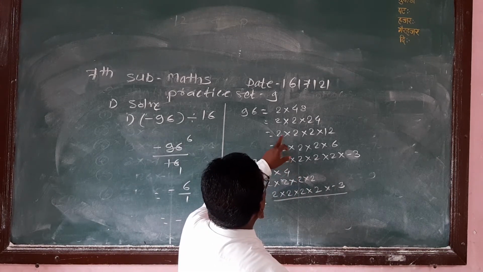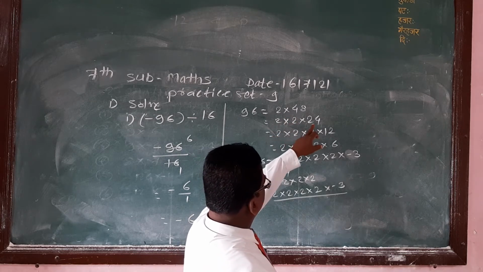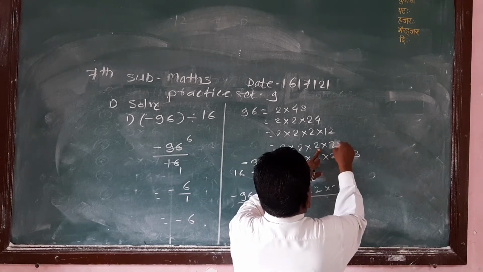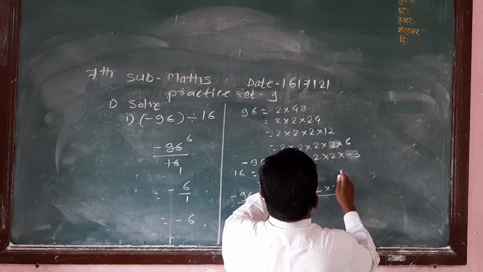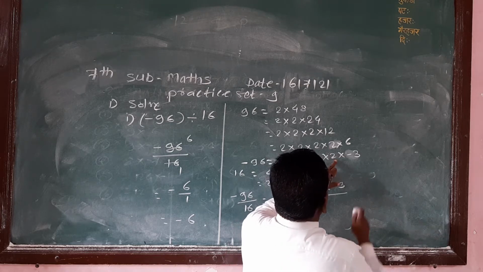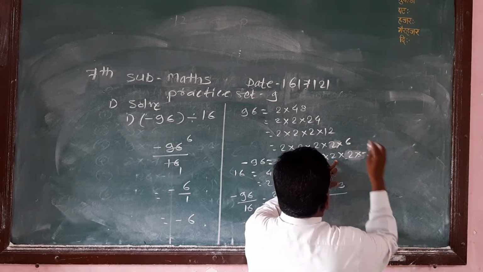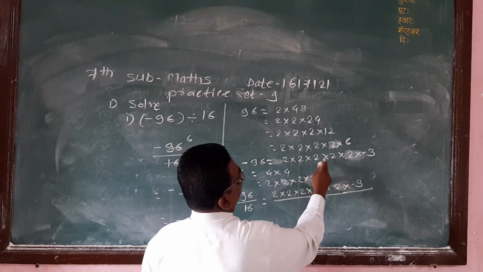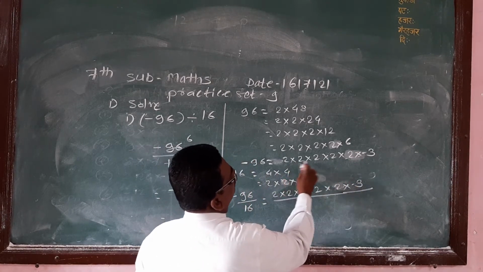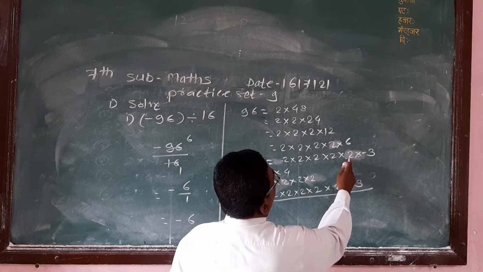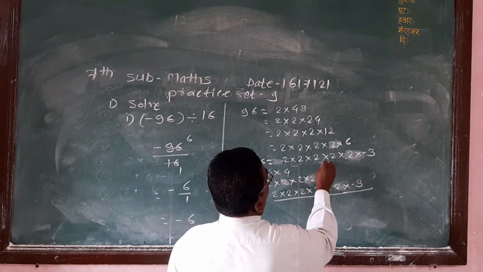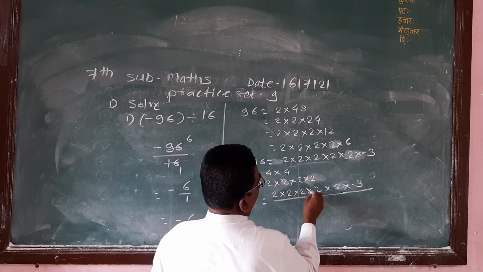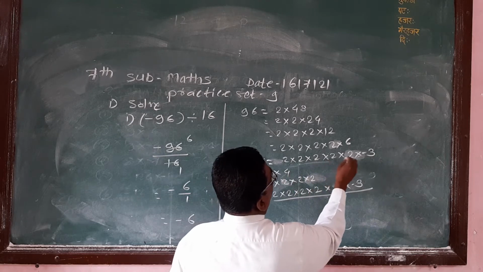Here 2 into 2 is 4, 2 into 2 into 2 is 8, 2 into 2 into 2 into 2 is 16.